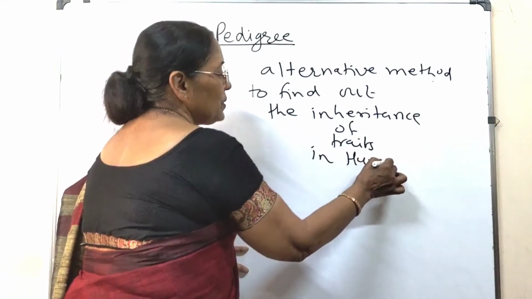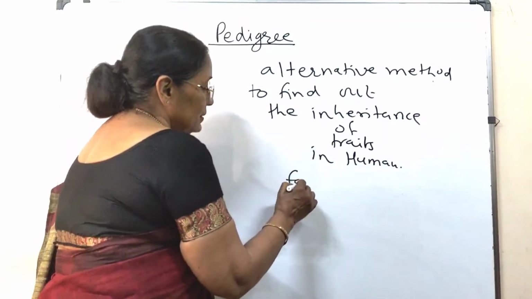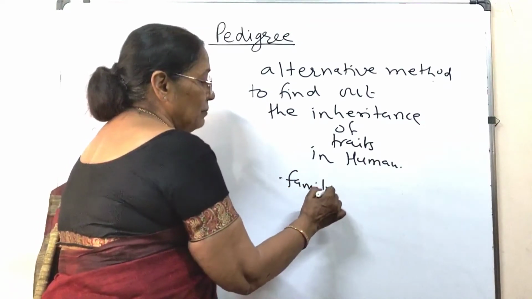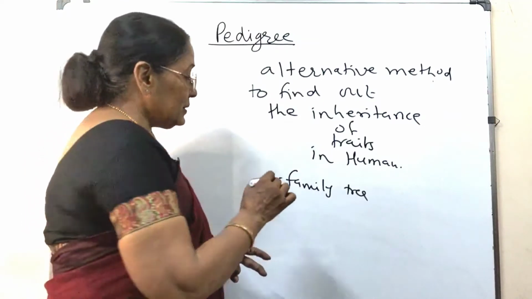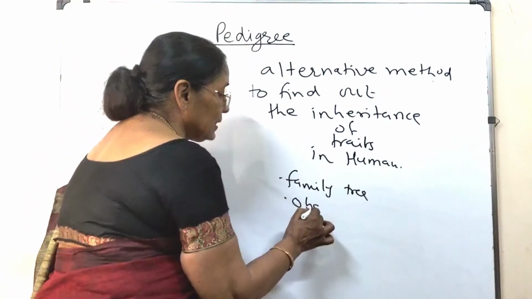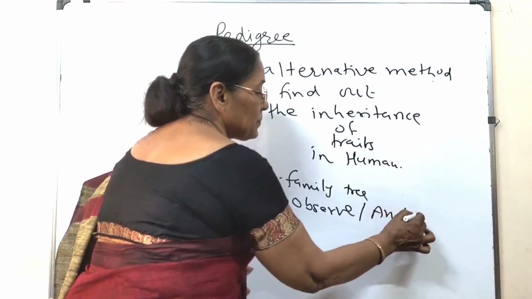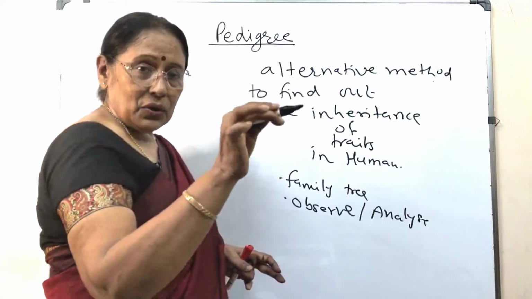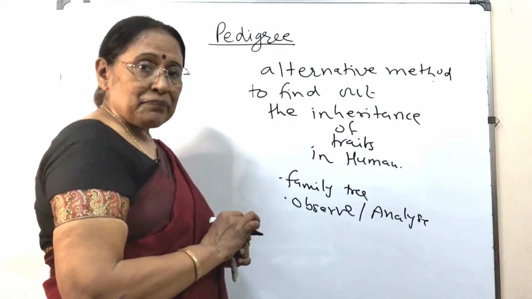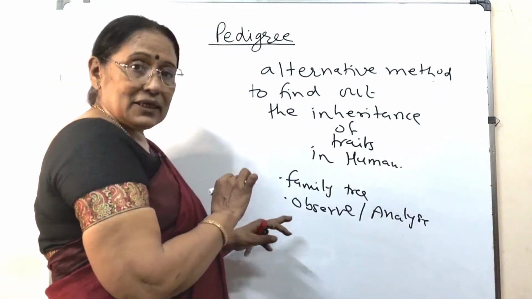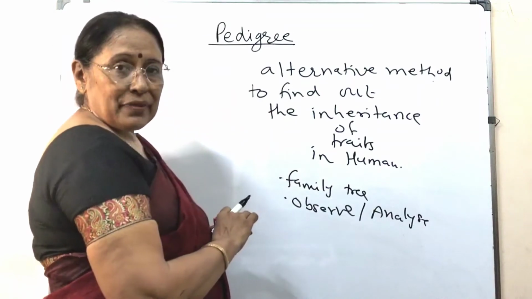Here what we do, we prepare a family tree, and then we observe or analyze the family tree. Then we can easily see who and when was affected, how the gene is passing. So this study of the family tree is called pedigree.